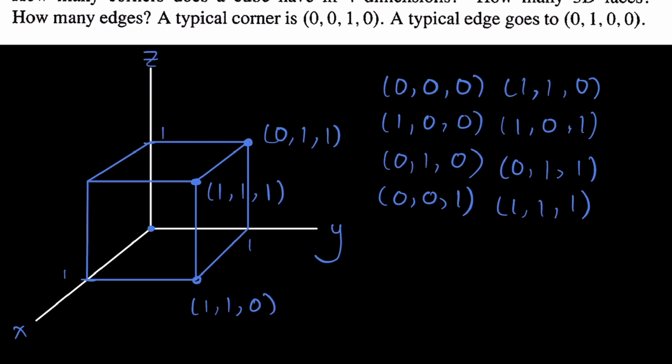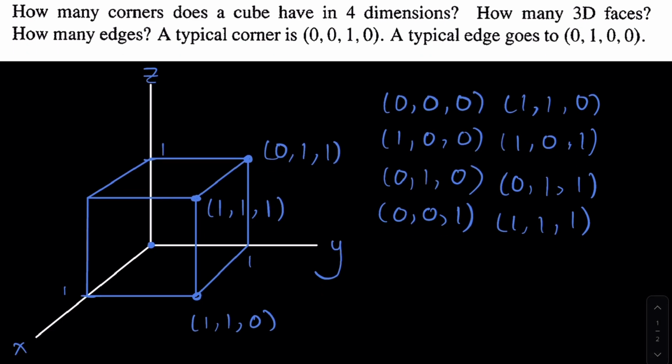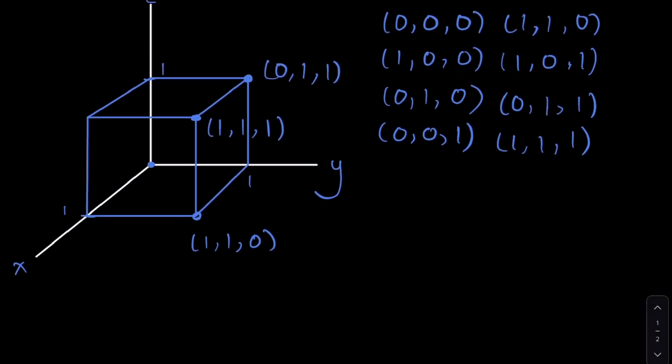Looking at this, we have 8 possible combinations, which is consistent with the 4 given corners plus the other 4 corners. This is a really interesting property, because that provides us an insight into counting corners in 4 dimensions. We now know that the number of corners of a cube is the number of permutations a 3-component coordinate with 0s and 1s have. We can treat the coordinate as a list, or a tuple, if you will.